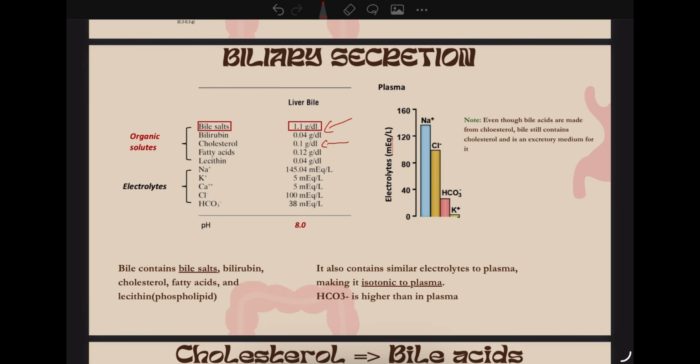You can see also that it is isotonic to the plasma, so the amount of ions is almost the same. It just has a higher bicarbonate concentration than the plasma, and that makes the pH alkaline.